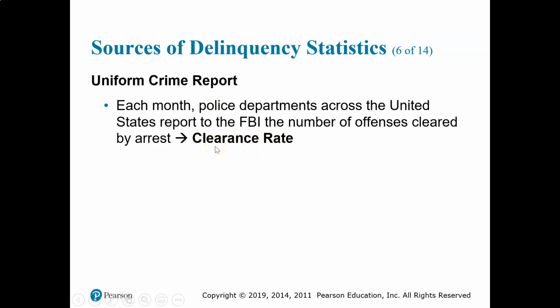So first and foremost, imagine how many crimes occur every day that are not even reported. And then how many crimes occur every day that are reported but not solved. So the only numbers you're getting here are the cases that have been cleared. So probably an accurate little snapshot, a little tiny taste of what's going on, but in a much smaller number than it really is occurring in the community.